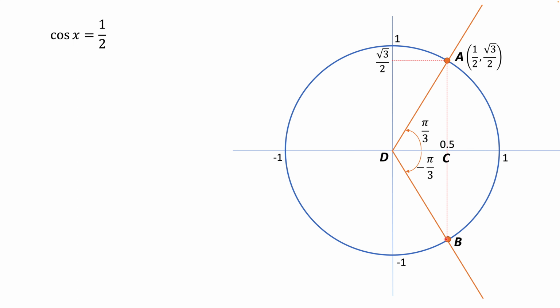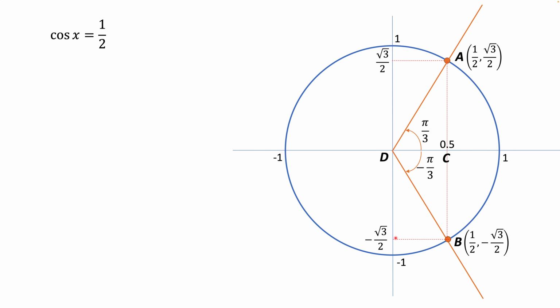Now this is just for completeness. If I look at the point A, where the horizontal coordinate is 1/2, the vertical coordinate, or sine of this angle, would be square root of 3 over 2. For the bottom one, it's square root of 3 over 2, but with the minus sign.